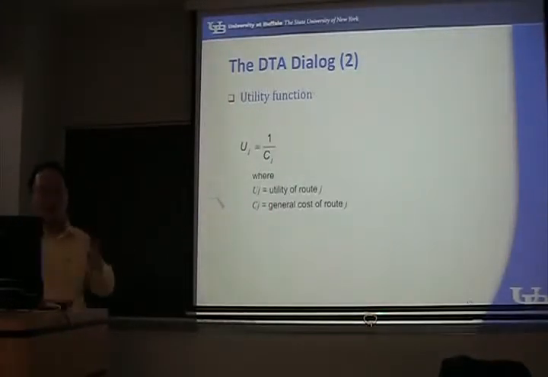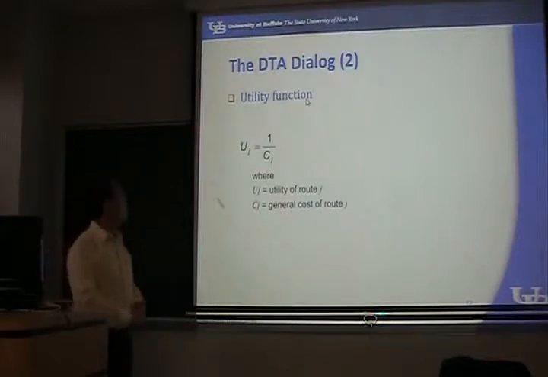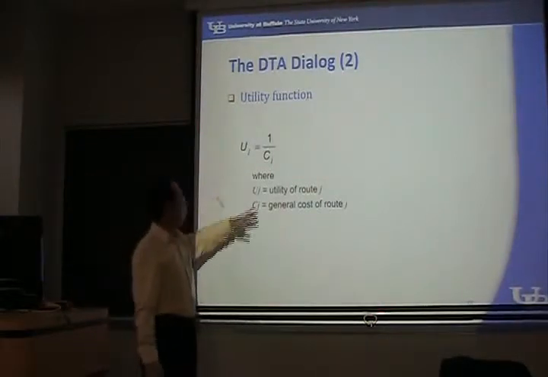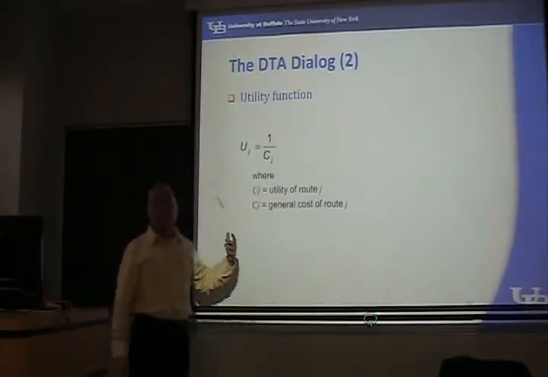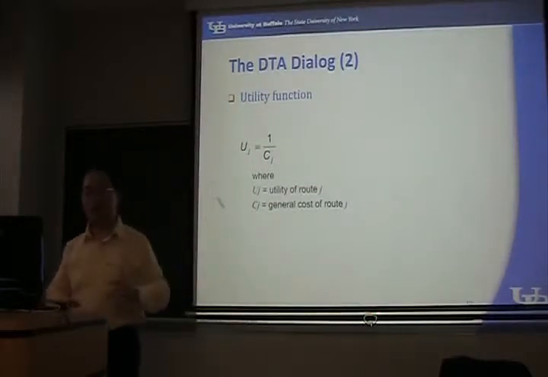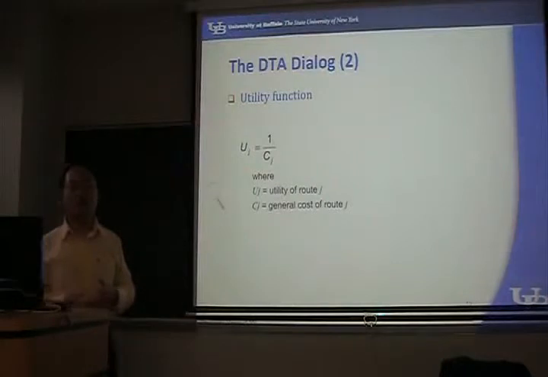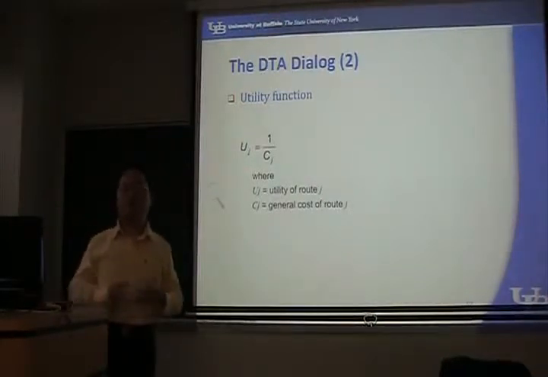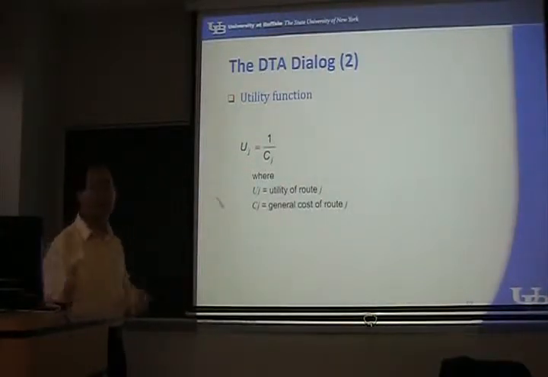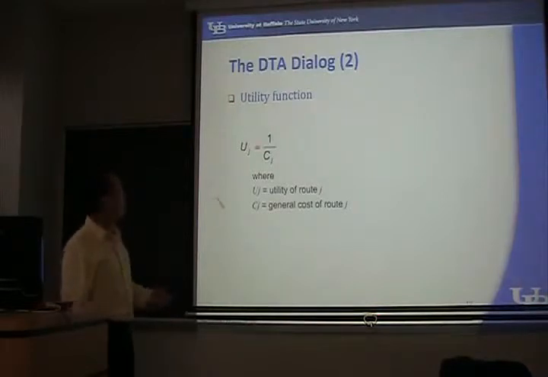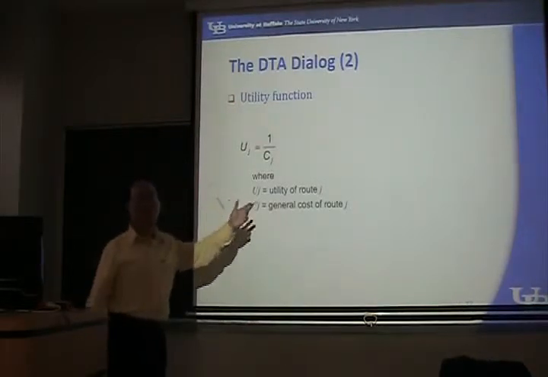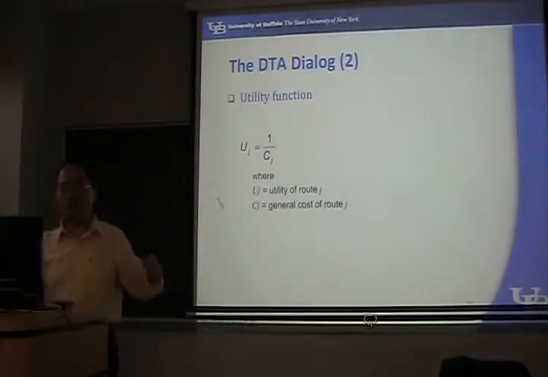The next thing I want to talk about is called utility function. So let's suppose for each route, we have a general cost. And for this cost, the smaller the better. So we create a utility function to reflect that by calculating the inverse of the general cost.